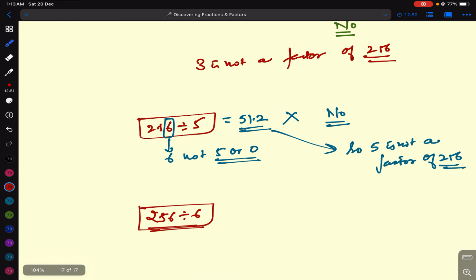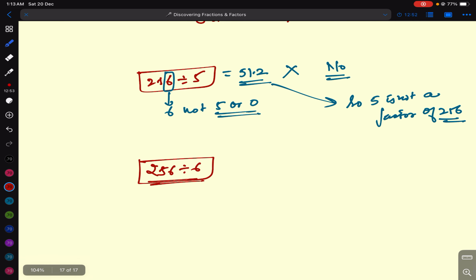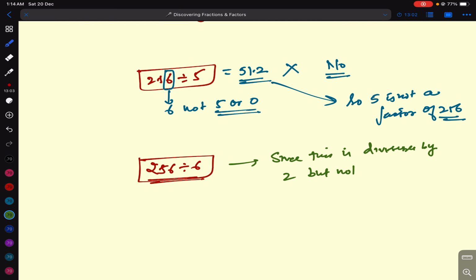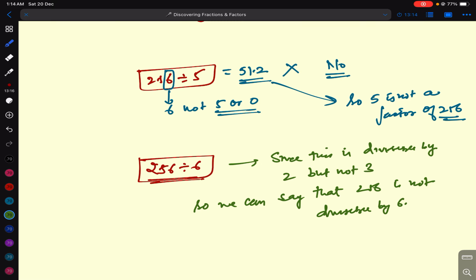So since this is divisible by 2 but not 3, we can say that 256 is not divisible by 6.